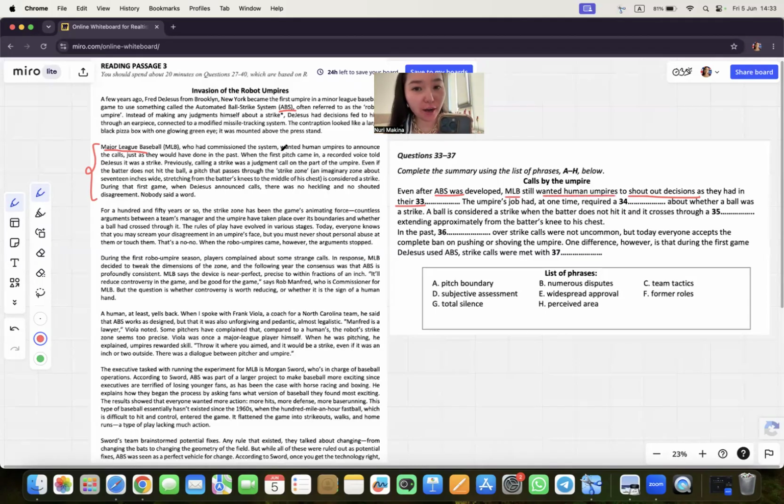So our job is to read this part as well. Wanted human umpires. As you can see, we have some same words. Yay, that's a win. And also we have shout out decisions. It's the other way to say announce the calls, just as they would have done in the past. So this is the answer, in the past, because we have in their something.